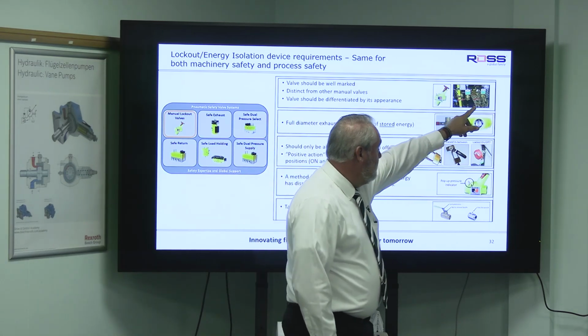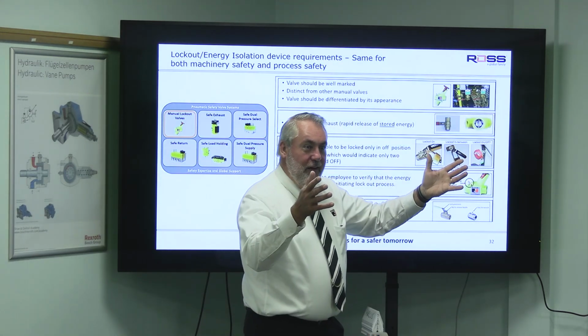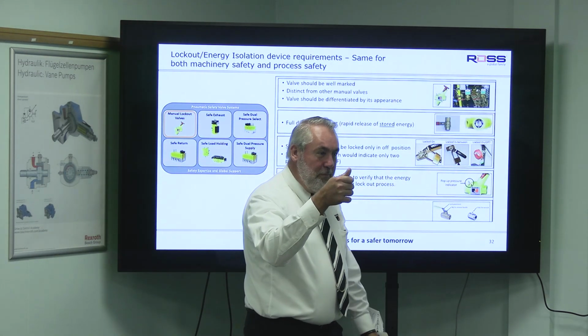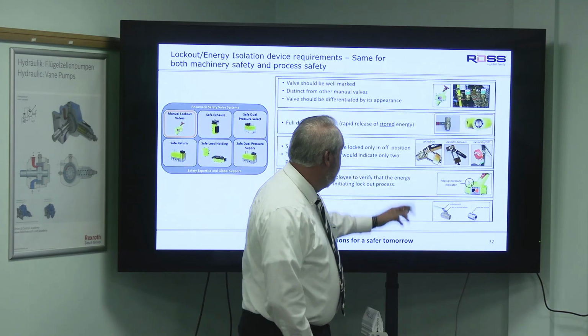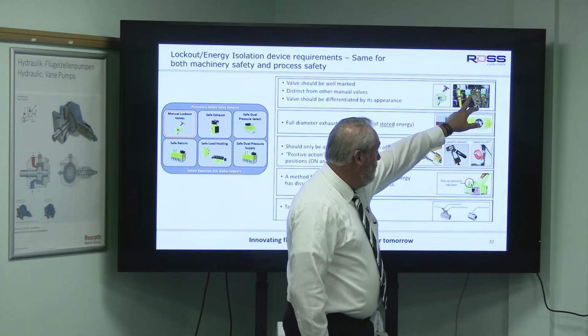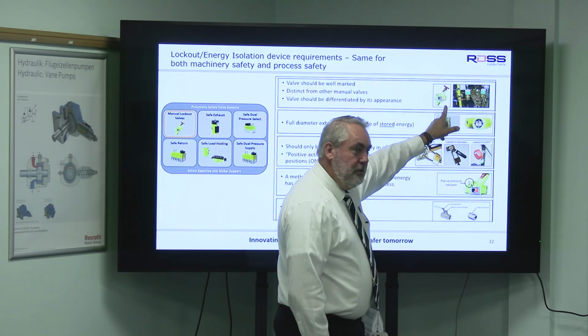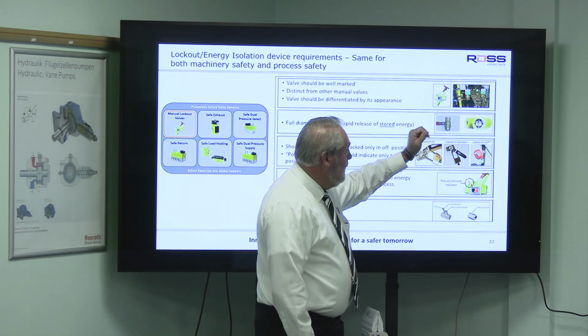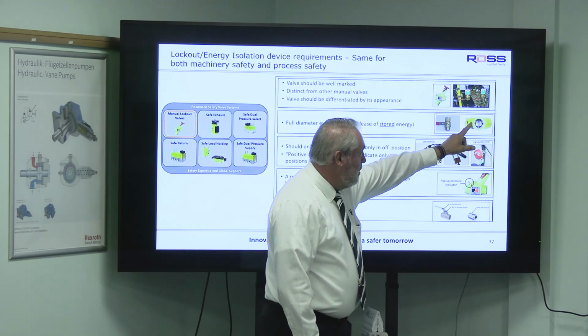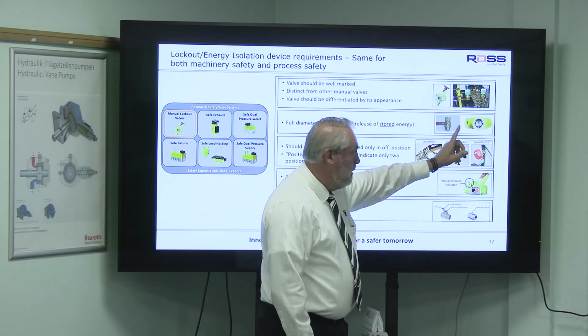Have you ever gone up to a machine and seen 20 ball valves and none of them's labeled telling you this is the lockout valve? Kind of hard to decide. So it either has to have a proper label on it or it's got to be unique in appearance. So it's easy to identify. The other thing is it says there has to be a full diameter exhaust.